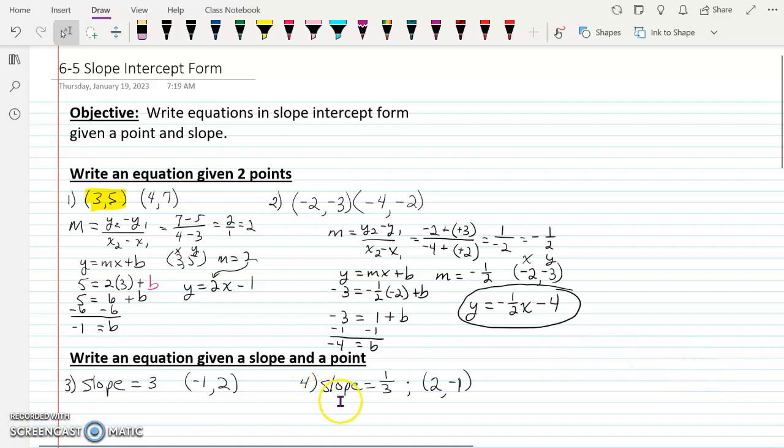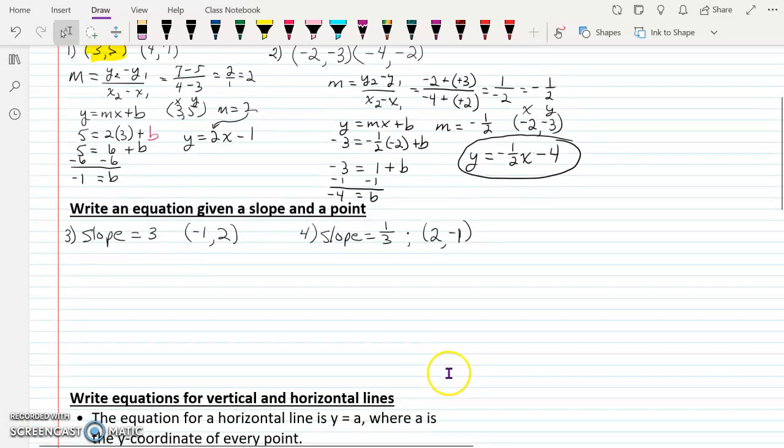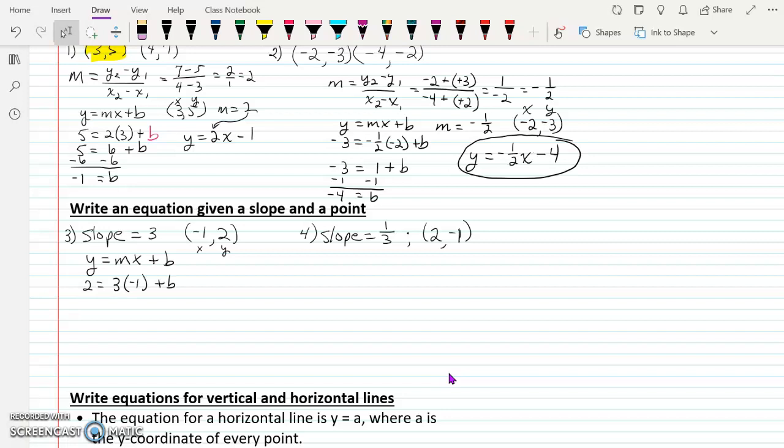In these next 2 examples, basically we're going to repeat the process, except they've already given us the slope and a point. So we'll just go ahead and substitute into y equals mx plus b and find our y-intercept. So let's see, my x coordinate is -1, my y coordinate is 2, so 2 equals, my slope is 3 times -1 plus b.